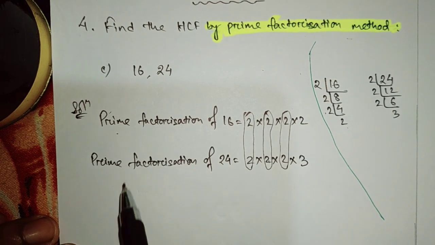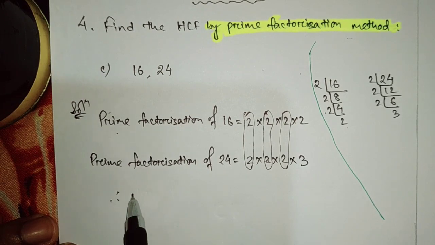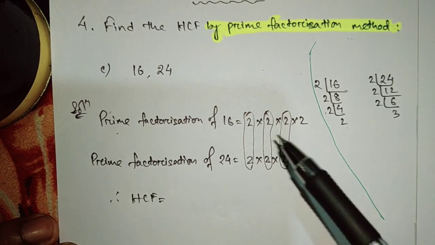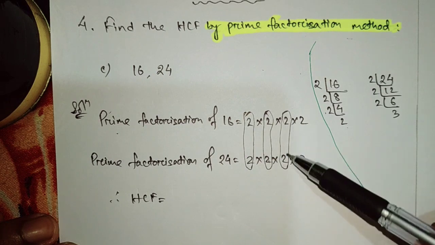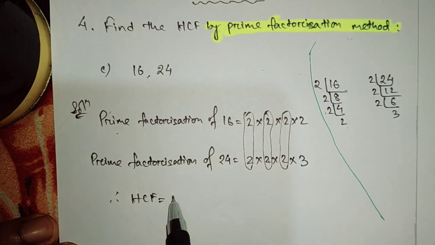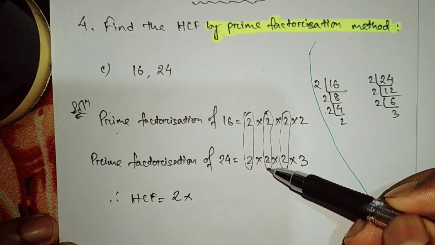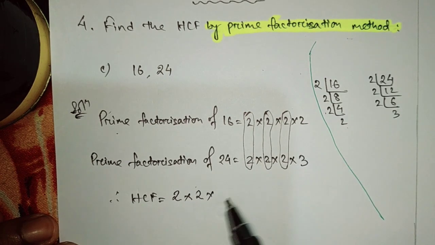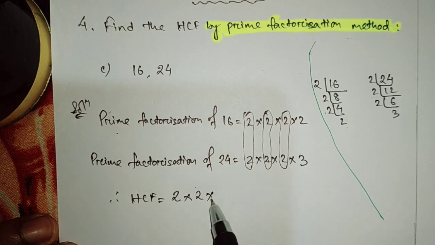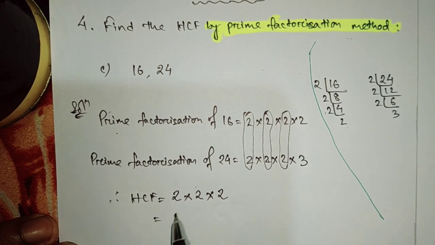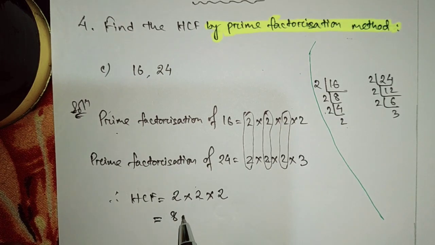So HCF is equal to 2 into 2 into 2. For each pair we write one 2. So 2 into 2 is 4, 4 into 2 is 8. So 8 is our HCF.